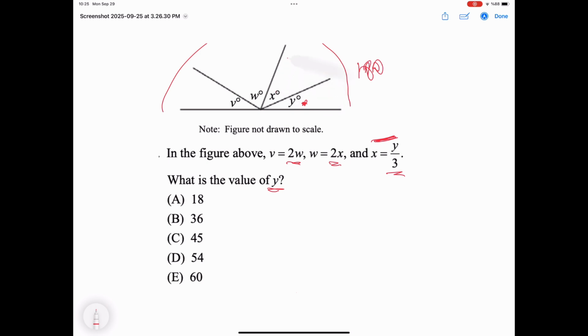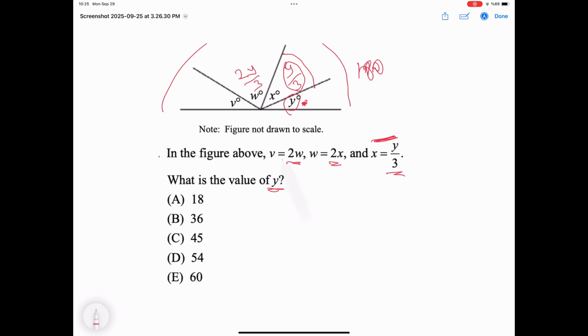And for x, for this area, we are given the information that it is y over 3, so we have y over 3, and w is 2x, and 1x we said is y over 3, so then 2x is 2y over 3.